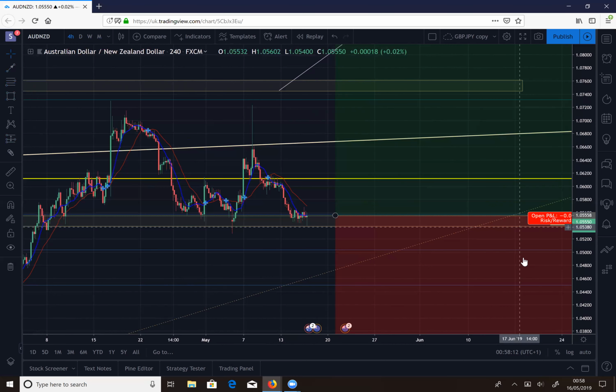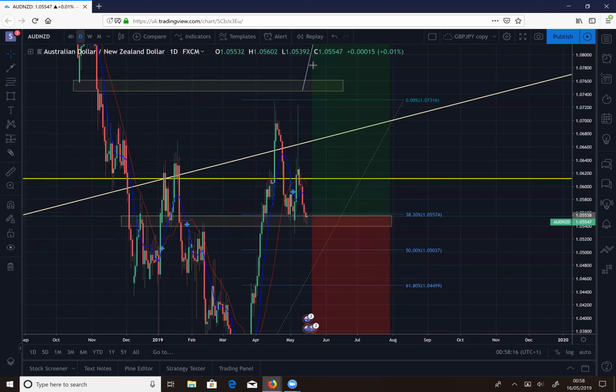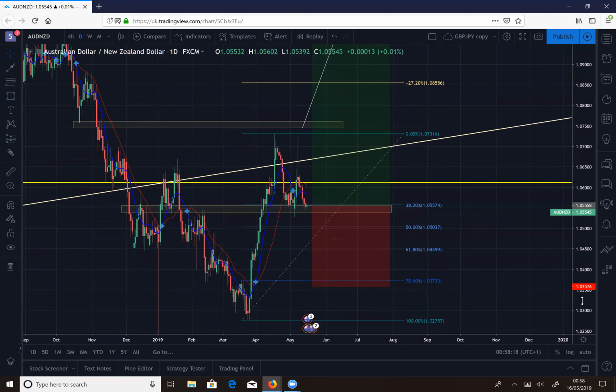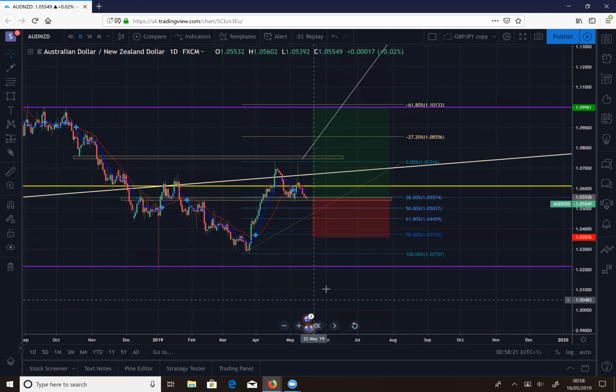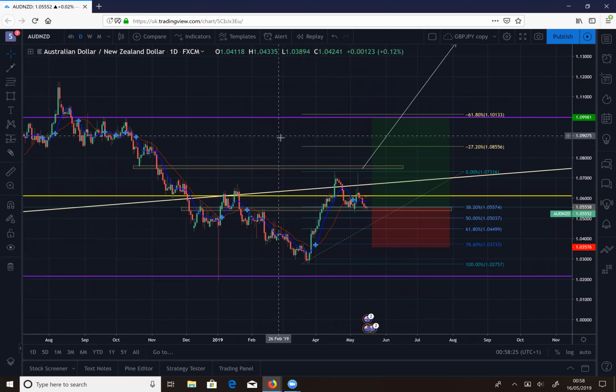So that's Aussie New Zealand dollar. Okay. To recap, I favor upside. And I favor price action to be approaching 1.1 within the next few weeks.